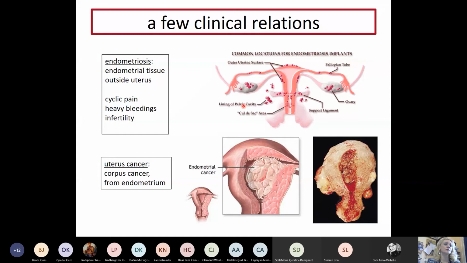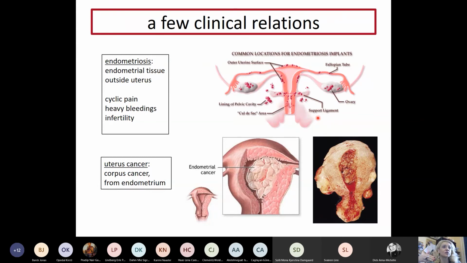Here, I'm sure you heard about this disease, which is unfortunately very common, endometriosis. It's when we have endometrium islands, little groups of cells like endometrium, just not in the uterus, but outside the uterus. Here you can see the common locations, but it can be basically anywhere in the body. And these are also undergoing cyclic changes.